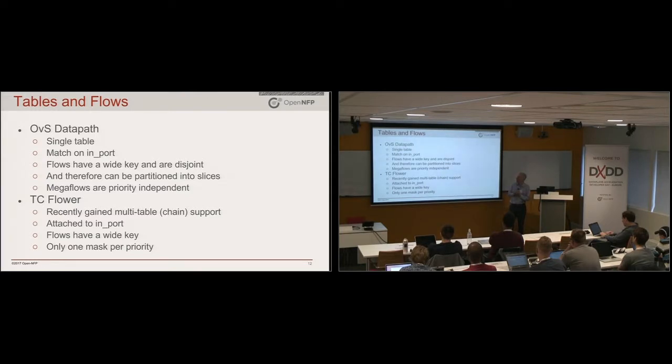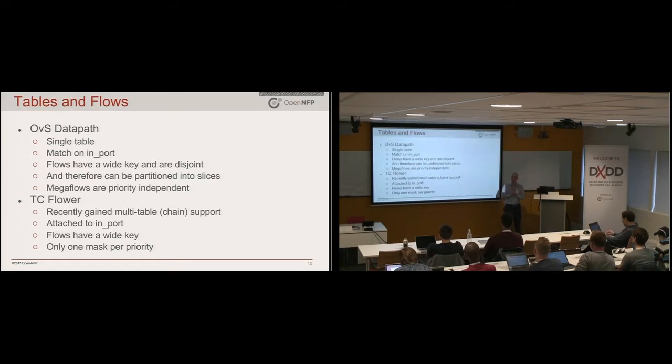As I've mentioned already, the flows have a very wide key, so you can match on not arbitrary, but many different fields. And the flows are disjoint, so they don't overlap. This is maybe a little bit of an implementation detail, but it comes out to be kind of handy. The flows in the data path are not arranged such that there are priorities and you hit the highest priority rule, even though some lower priority rule might have also matched.